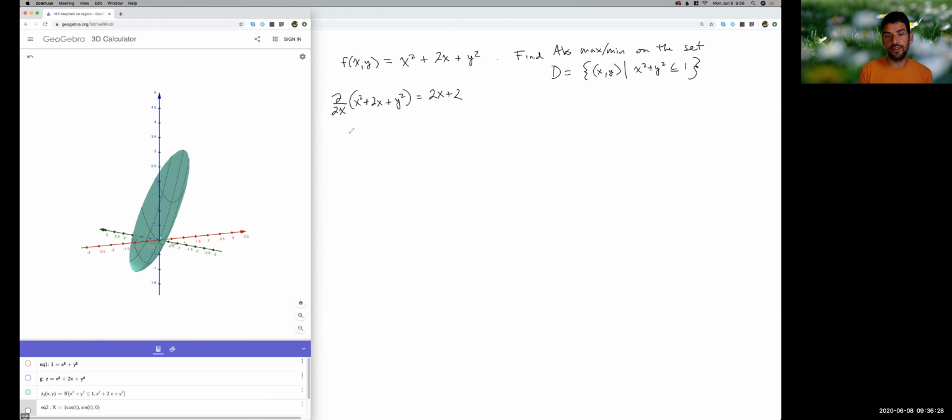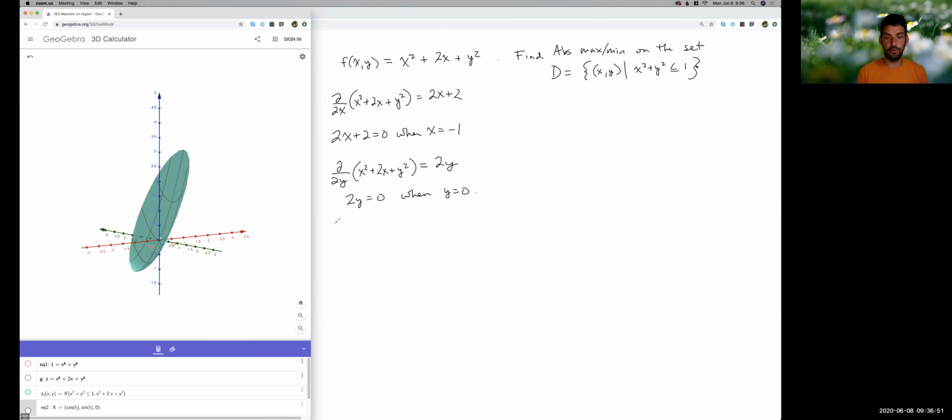And let's see where this thing is equal to 0. 2x plus 2 equals 0 when, simple enough, x equals -1. Let's look at the partial with respect to y. This is just going to be 2y, and 2y equals 0, again, simple enough, when y equals 0.